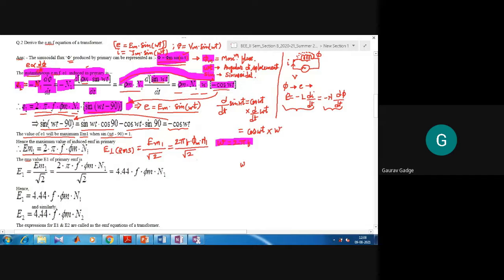Now what is 2 upon root 2 multiplied by pi? You have to just do the multiplication with the division by root 2. Just see, the frequency, phi m and n1 are coming in the expression as they are.